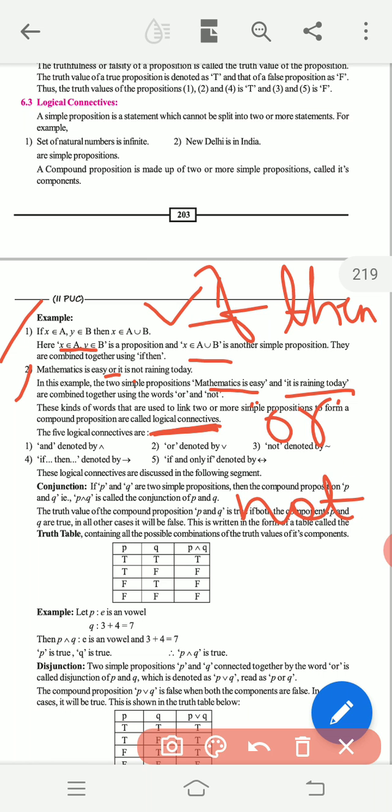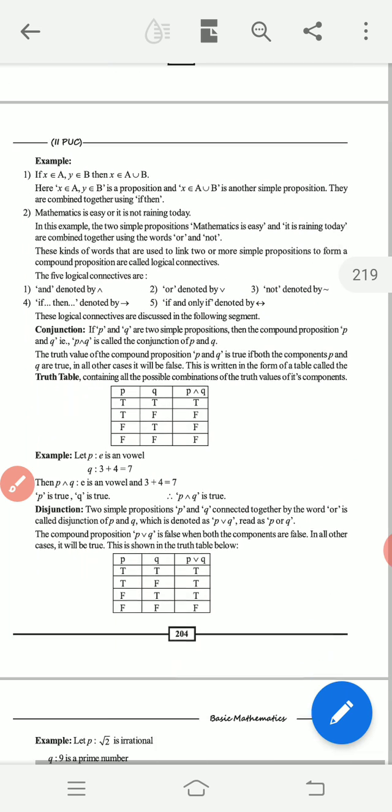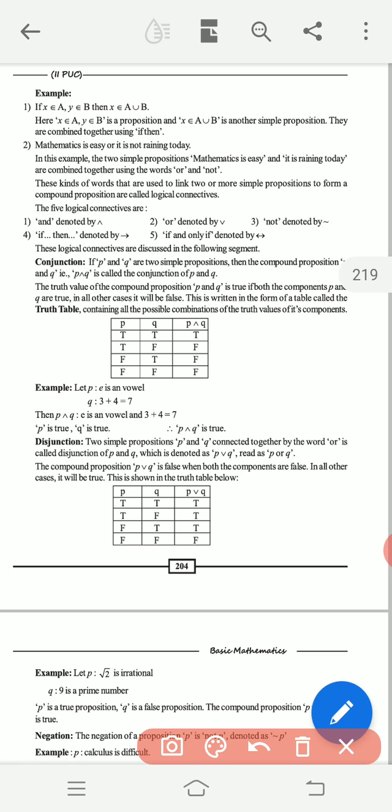These are all called logical connectives. We have 5 logical connectives: first one and, second one or, third one not, fourth one if then, fifth one if and only if. Let us study them one by one.